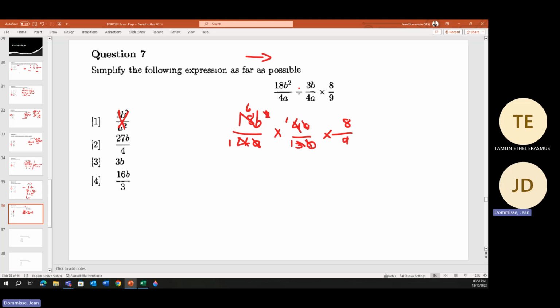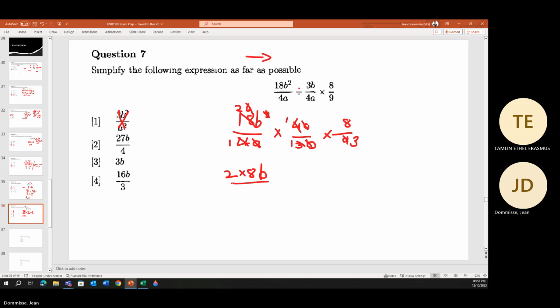So we sit with 6b times 8 divided by 9, but let's see, we can say 3 goes into there 3 times, 3 goes into there 2 times.